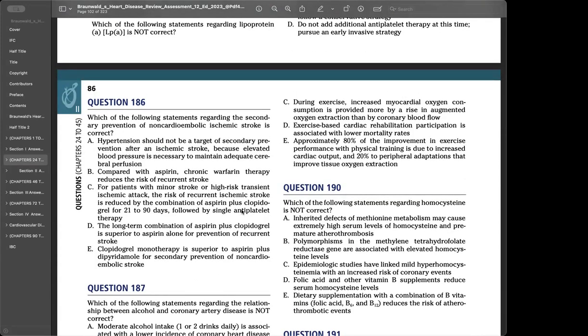Option E, approximately 80% of improvement in exercise performance with physical training is due to increased cardiac output, and 20% to peripheral adaptations. This is false because both the cardiac output and peripheral adaptations are responsible for 50% each of the improved oxygen extraction. So that is false.